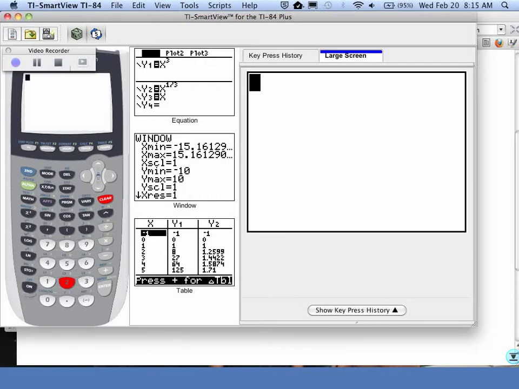Let me redo it. 4 times negative 2 raised to the fourth, then minus 2 times negative 2 squared, and then minus negative 2, and then plus 1.